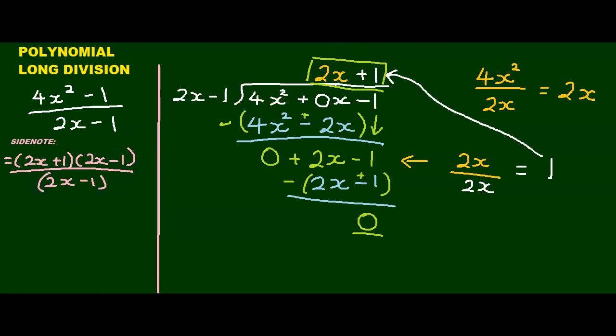And these two can cancel out, which gives us 2x plus 1, which is what we got from the long division.